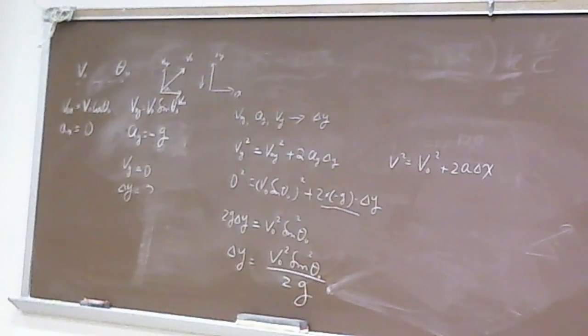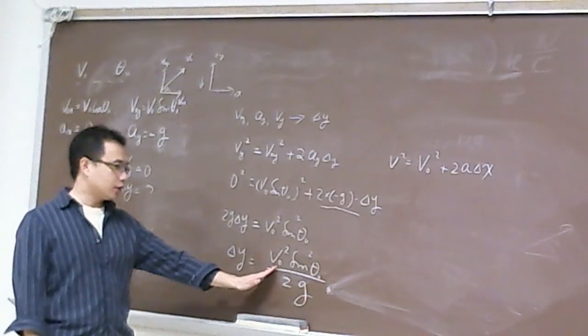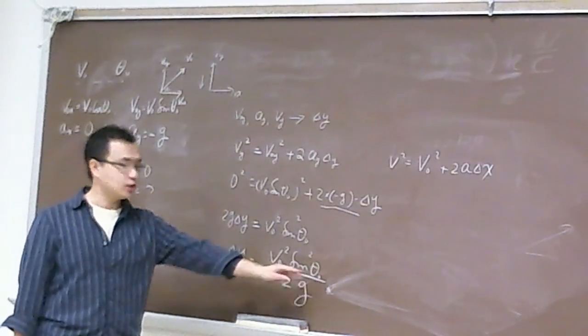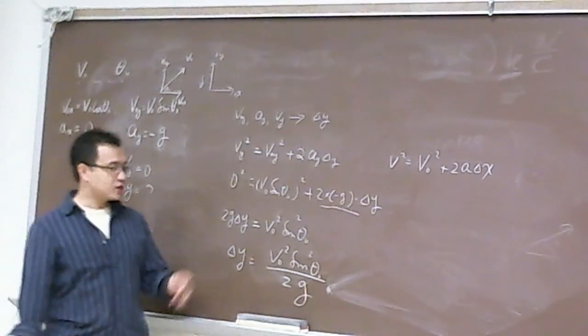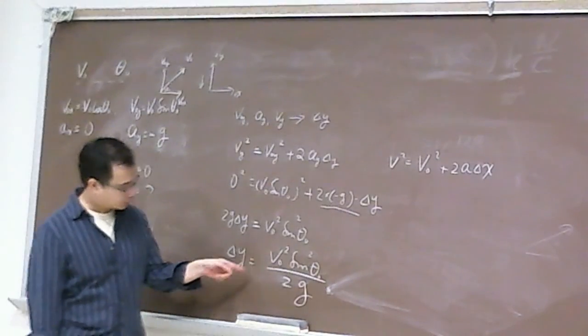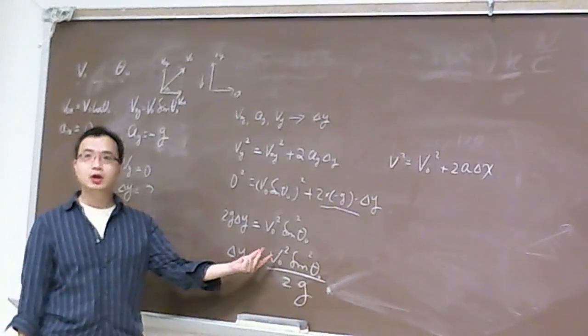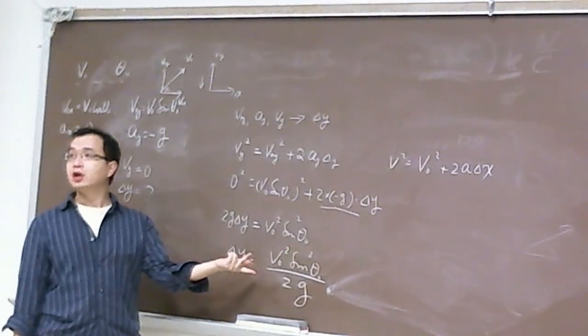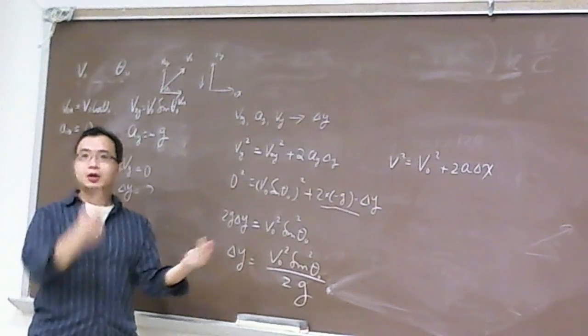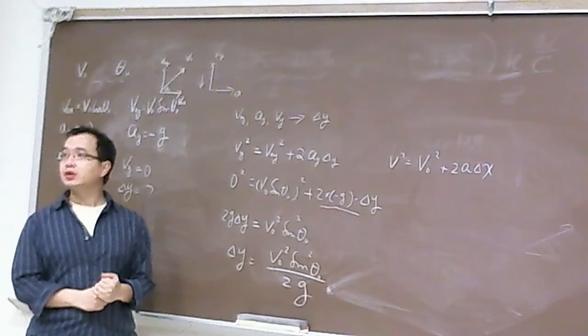So that's the maximum height you can reach if you give the initial velocity V naught and the initial angle theta naught. You can see the dependence here. First, it's proportional to the square of the initial velocity. That's reasonable. The larger the initial velocity, the higher position you can reach.